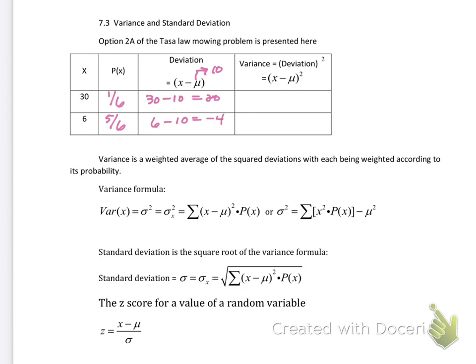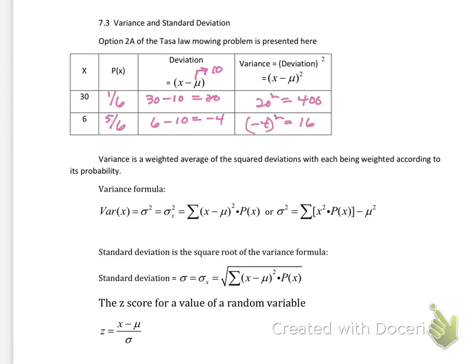Okay, so now we're going to do something different. Let's figure out the variance. For the variance, you just take the deviation and square it. If you square 20, you get 400. And if you square negative 4, you get 16.